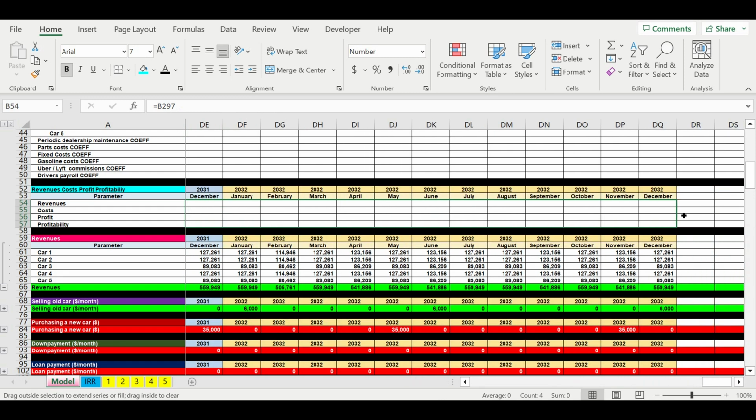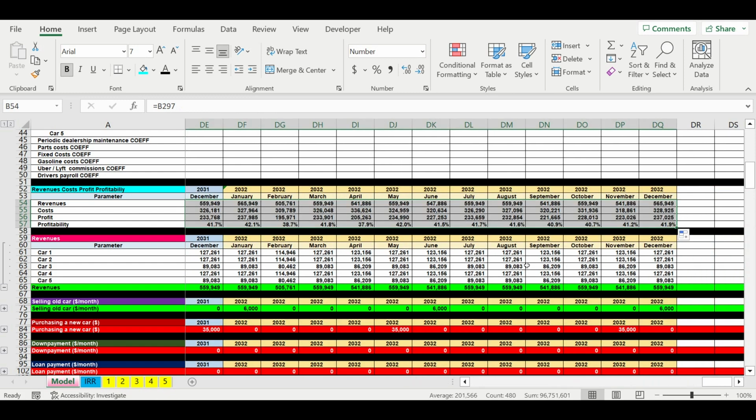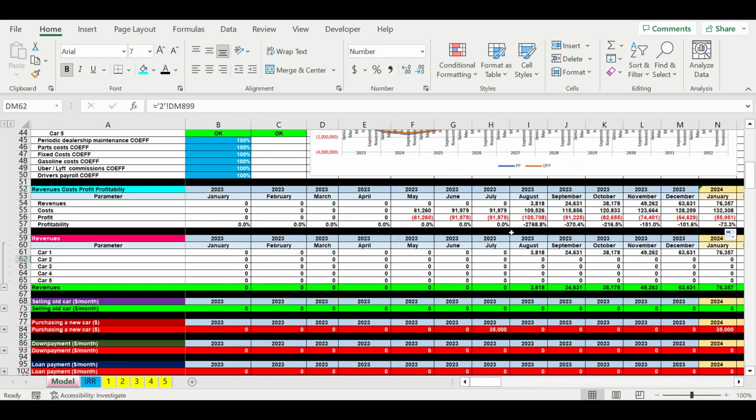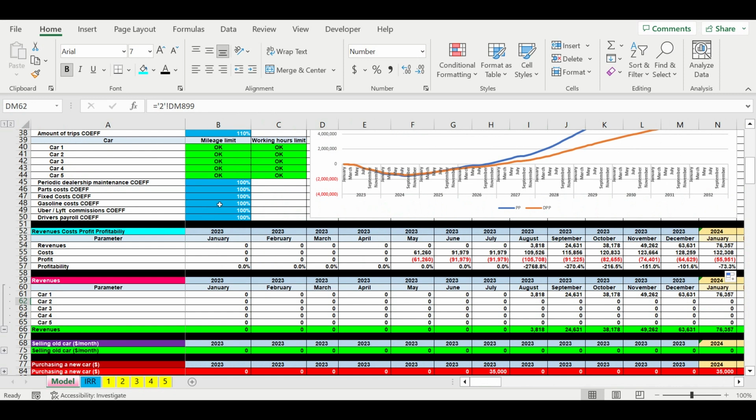So now we can see that we can, for example, increase the Uber Lyft commissions. For example, do it like this.